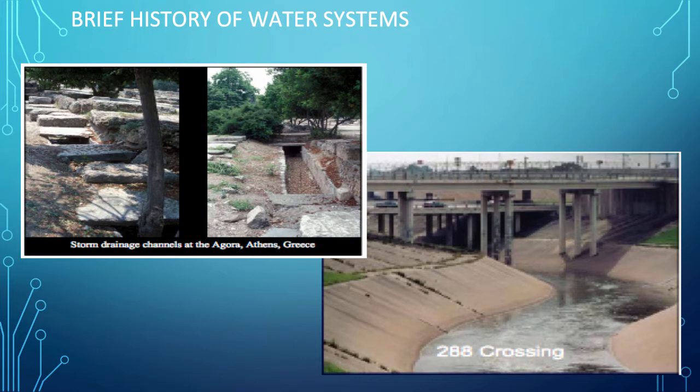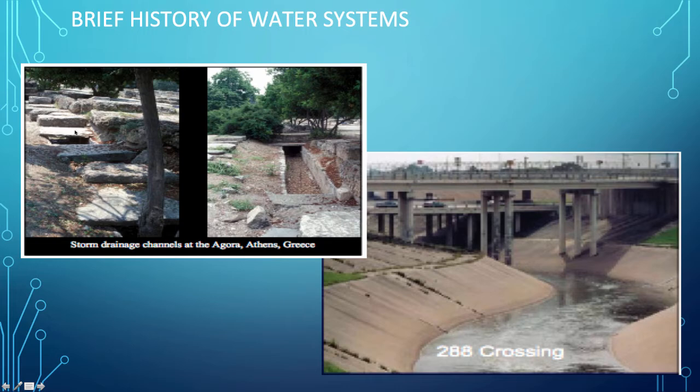Different part of Greece. Agora, Athens, Greece. What these photographs show, particularly the middle one, which is probably the best in conveying what we're trying to see here, is this rectangular rock-lined channel, and then there are these flat slabs that cross the channel, providing the ability to walk over the channel when it's full of water.